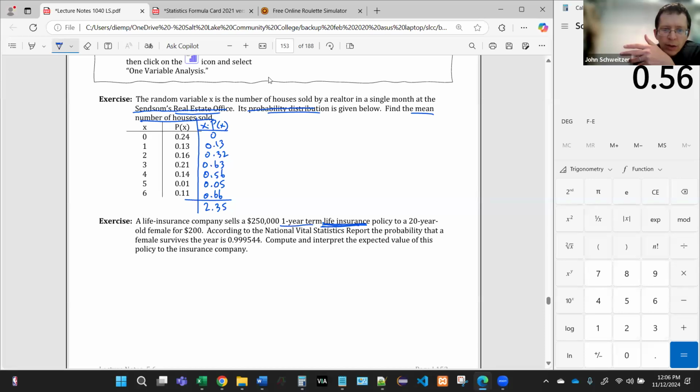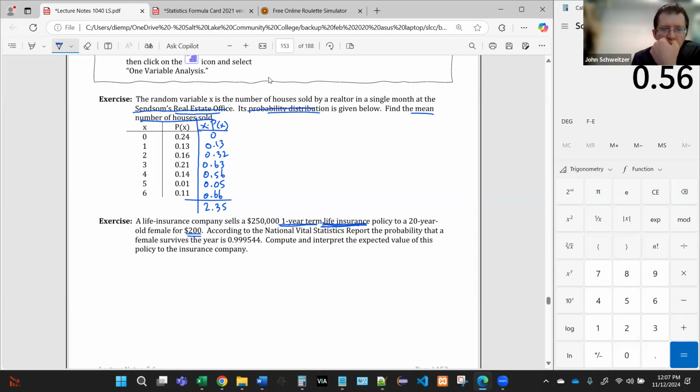If it's a 1 year term life insurance, you buy it for 12 months, and if you die during that time, then your beneficiary receives the money. What if you don't die during that year? Well, they just keep the 200, the amount that the policy cost. So it works very similar to the roulette situation.